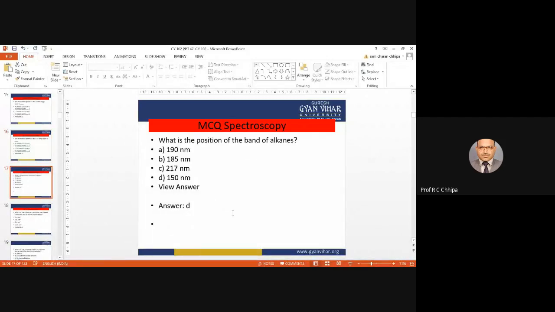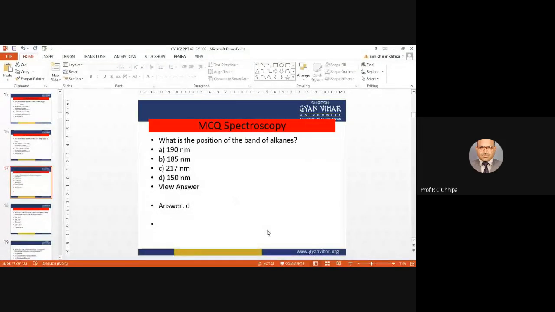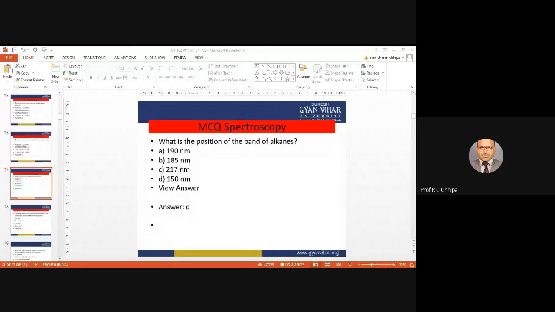Okay, one more is there, the alkanes. Anyone have an idea about the alkanes? Carbon single bond carbon, carbon double bond carbon, carbon triple bond. Which bond is there, and which type of hybridization will be there? Fundamentally, from chemical bonding you can get information about those things.